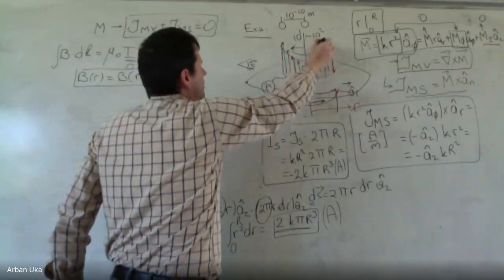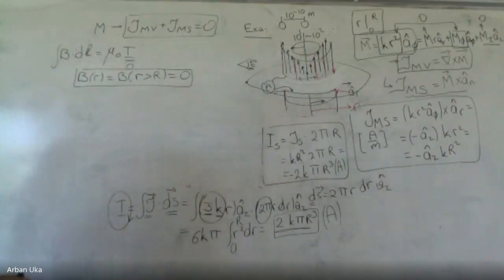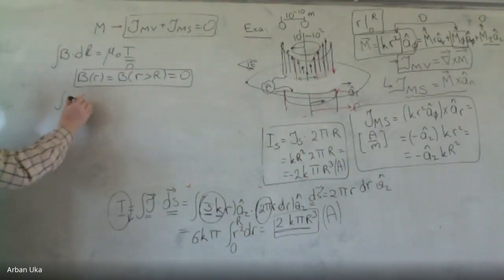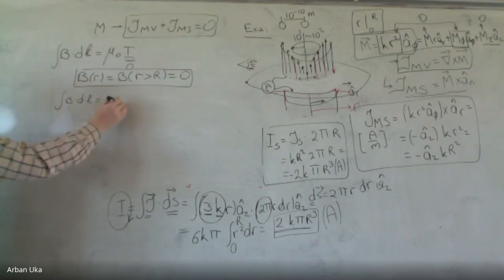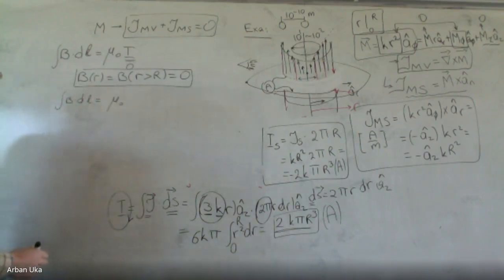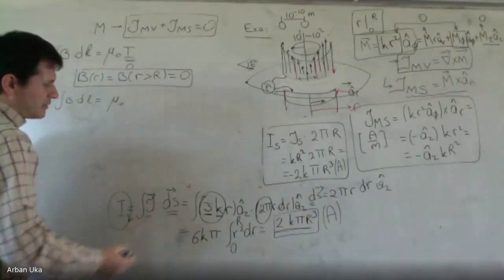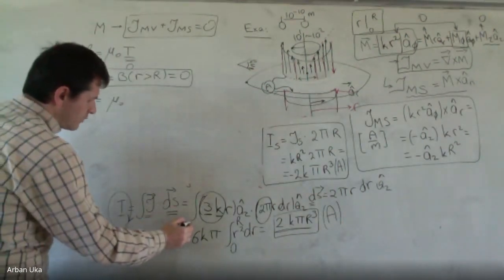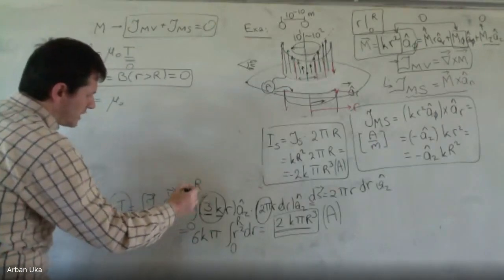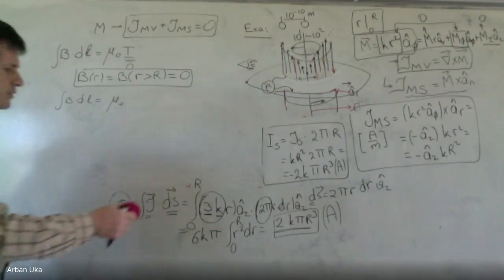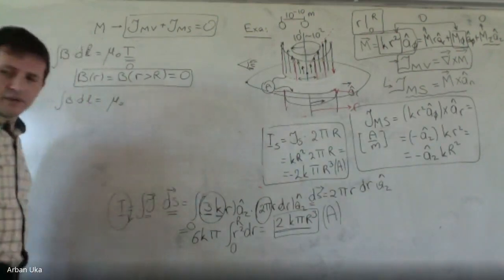In order to do this, we write the same expression: the integral of B dot dL is equal to mu 0 I. But the question is the following: what is I? The I can be found from the same expression as before, only that we are not going to integrate from 0 to R, because we don't need the whole current, but we need the current up to some R prime.